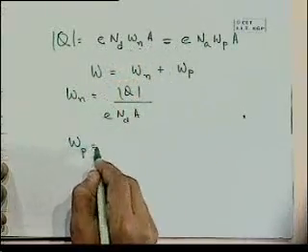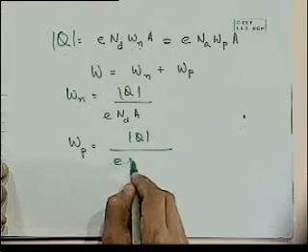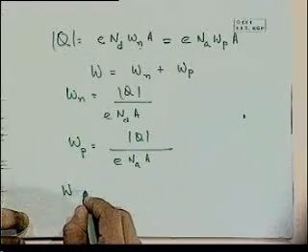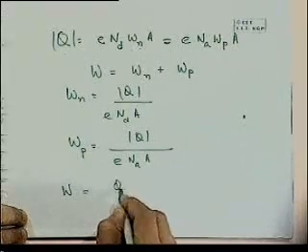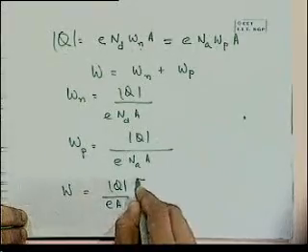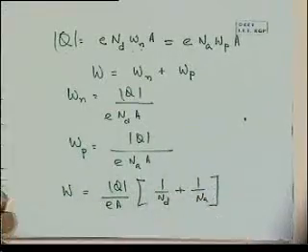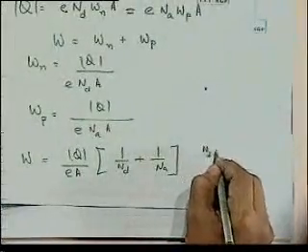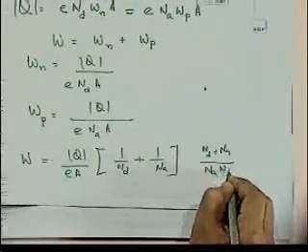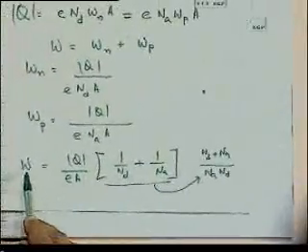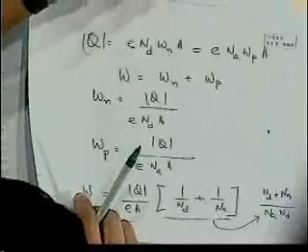And I can write that Wp is equal to Q by e Na A. And so we can have an expression for W, the total, as equal to Q by eA times 1 by Nd plus 1 by Na. All right? Which you can obviously write in terms of (Nd plus Na) by Na Nd, this term here. Okay? And now I have an expression for W that I can go back and use.